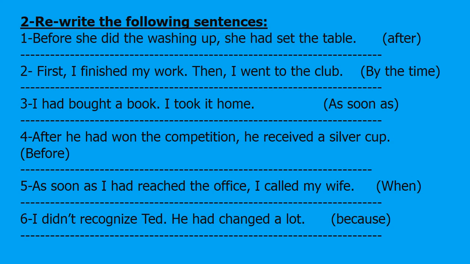So the reason here, the sentence after because, will be in the past perfect. And the result, the sentence before because, will be in the past simple. So the sentence will be, I didn't recognize Ted because he had changed a lot.